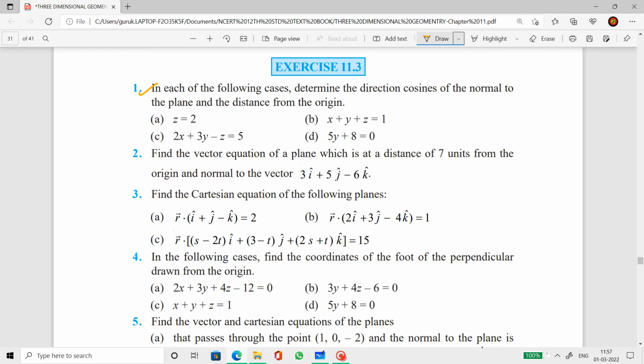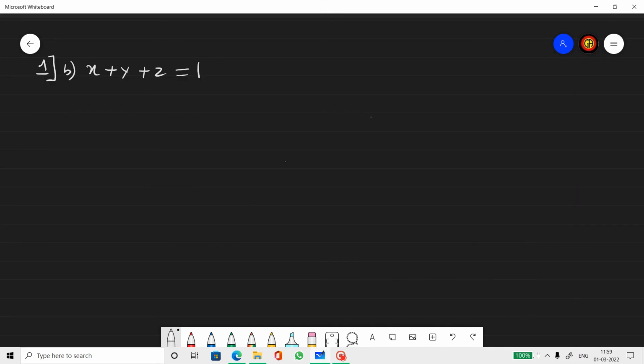In each of the following cases, determine the direction cosines of the normal and the distance from the origin. x plus y plus z equals 1. This is the Cartesian form of the equation, which is ax plus by plus cz equals d.